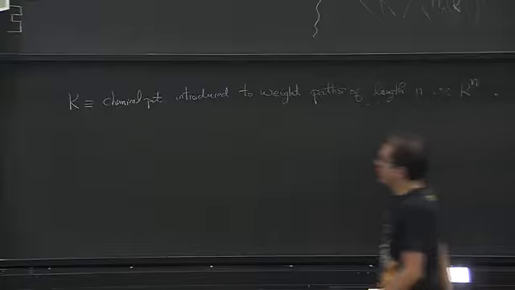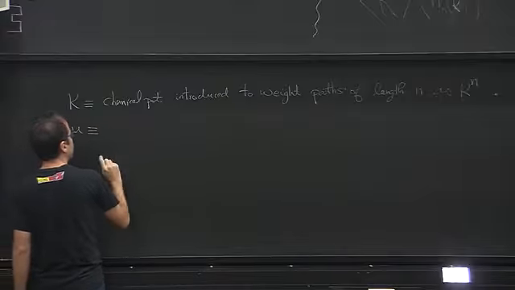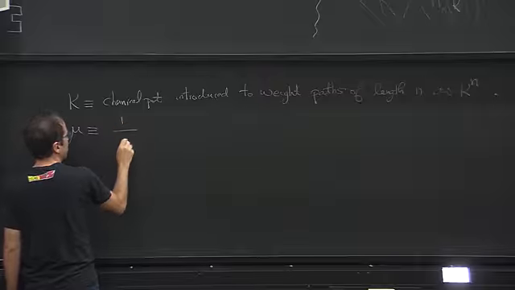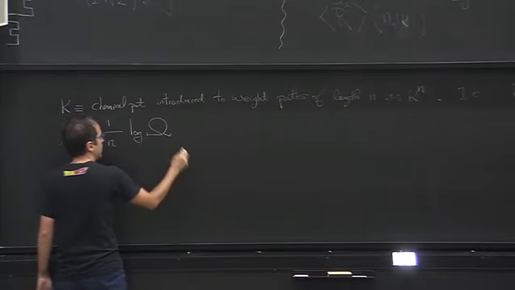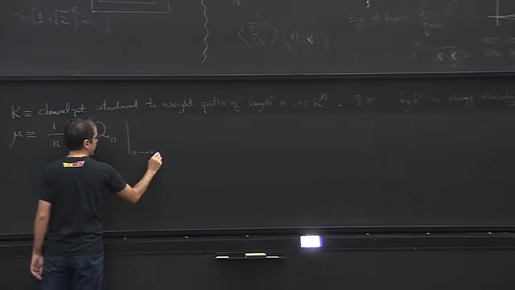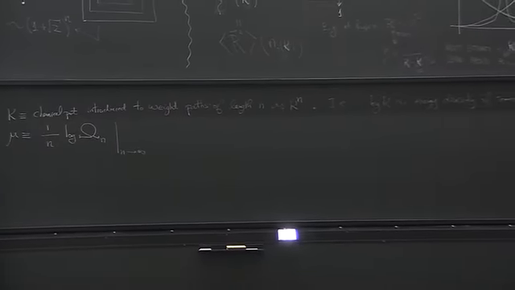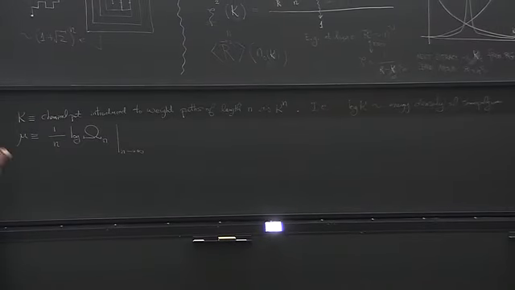Mu was defined as how the number of paths of n steps scales as n goes to infinity. It was related to the degeneracy of the self-avoiding walks. How many paths are there?